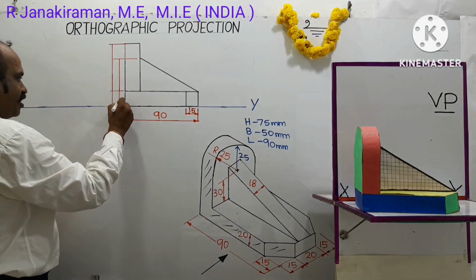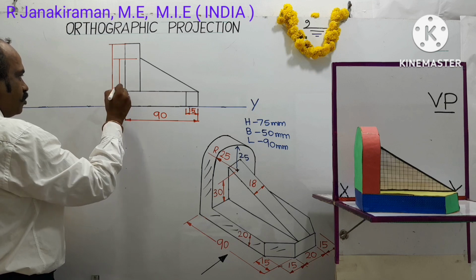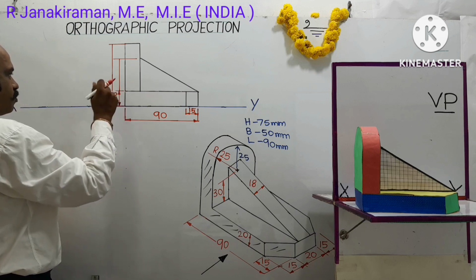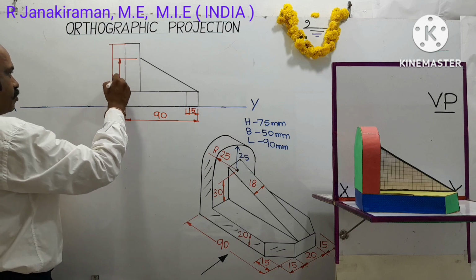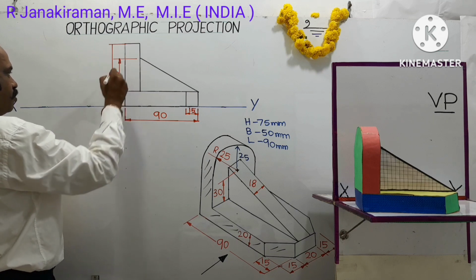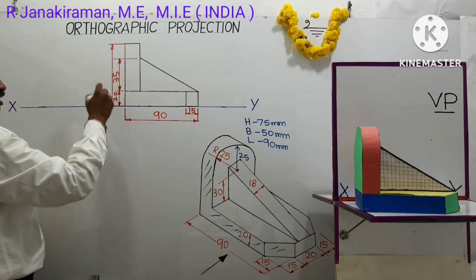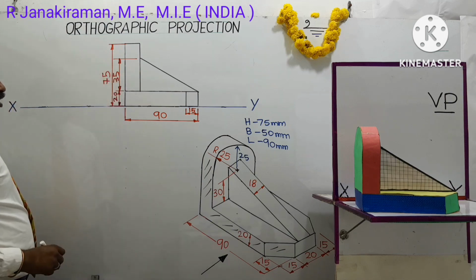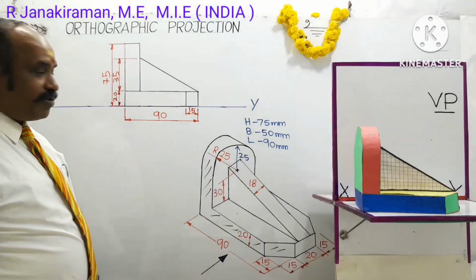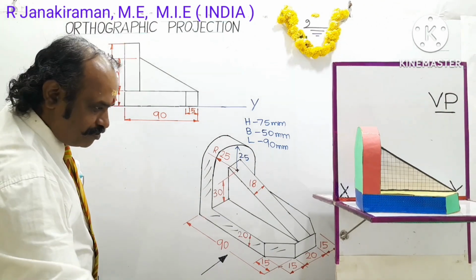So base part thickness is 20 plus 35 plus the overall height of the object, which we calculated as 75 mm. Okay, this completes the view called front view, and exactly below the front view a top view diagram will come.